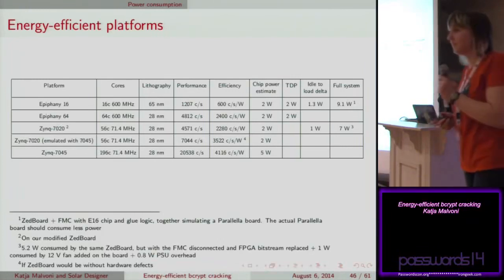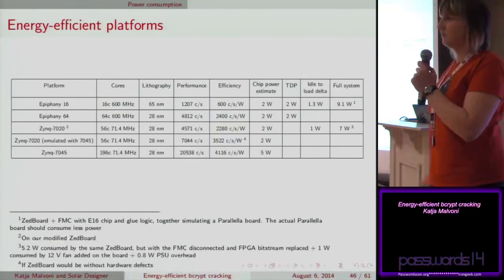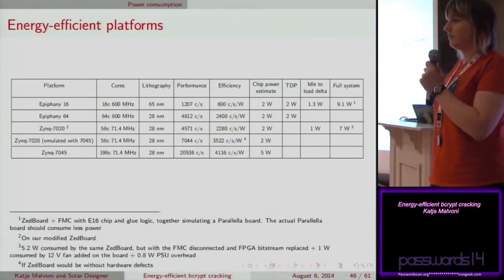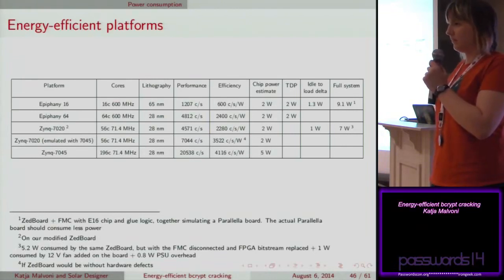As you've pointed out, bcrypt requires 4 kilobytes of memory, which for an FPGA is quite a bit of memory. So what do you think is the biggest consumer of power in the computation? Is it the actual math, the addition, the rotation, the XOR? Or is most of the energy consumption in the memory accesses and storing the values? And then I have a follow-up question.